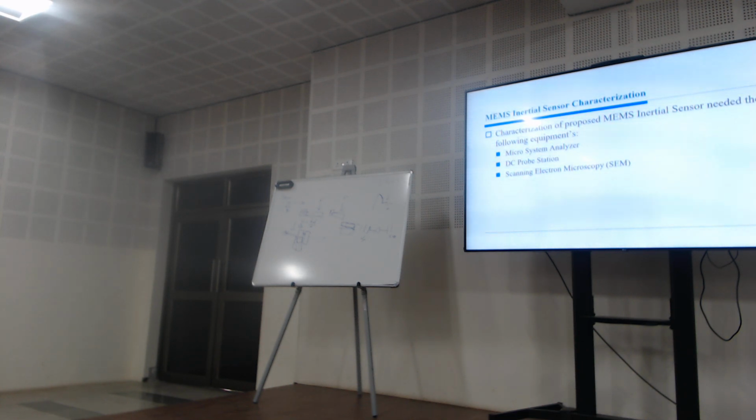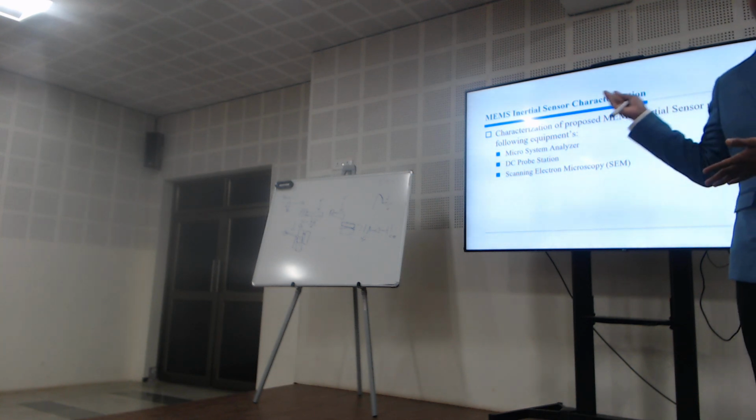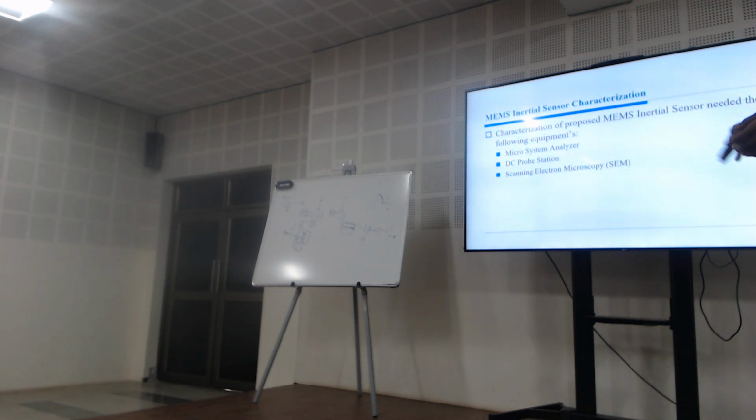And finally characterization. After fabrication, the next step is characterization. After that, the final step is packaging, right? For a movable or inertial sensor, I am giving an example of an inertial sensor. For an inertial sensor, we need to go for 3 devices.